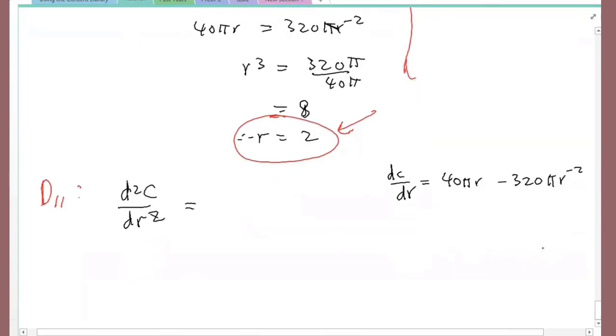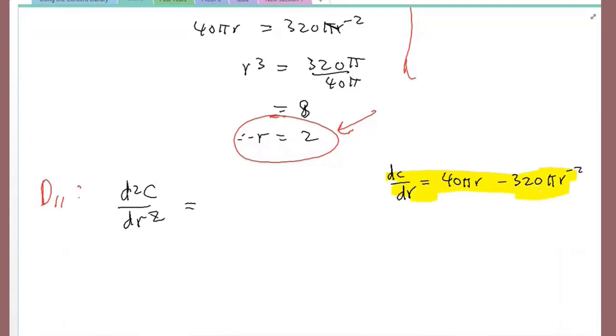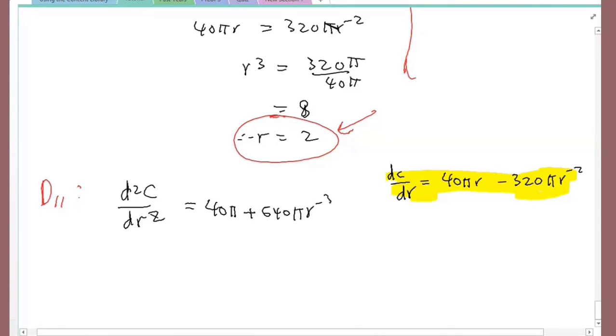And then, okay, find the second derivative. Okay, here this is the first derivative. Okay, find d2C/dR square. Then, so 40 pi, okay, plus 80 pi R power negative 3, and then substitute R is equal to 2 inside.